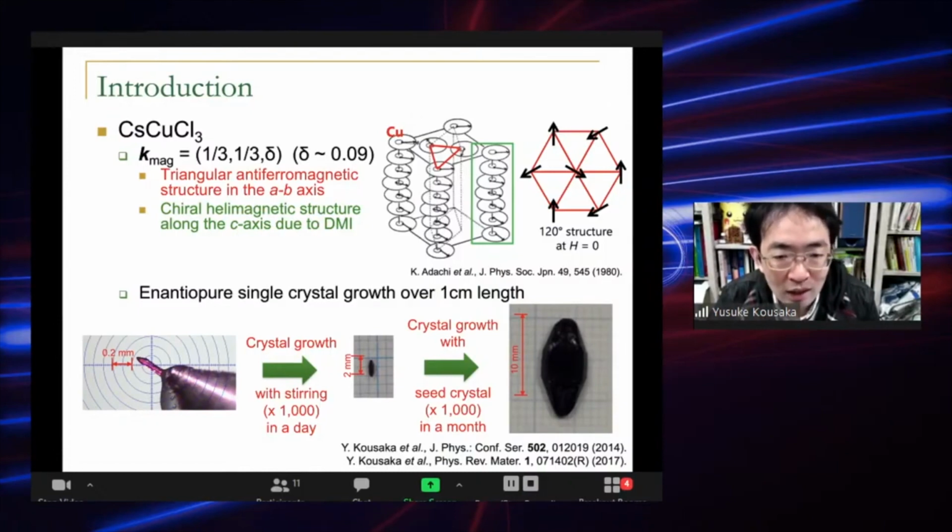This means that this compound forms a chiral helimagnet along the c-axis and a triangular antiferromagnet in the ab plane. Along c, this is ferromagnetic, but in ab, it can be a kind of frustrated state. Also the spin is 1/2, so it can be very interesting.